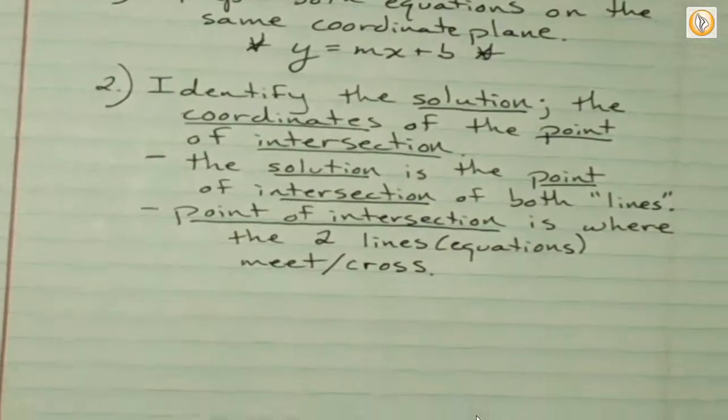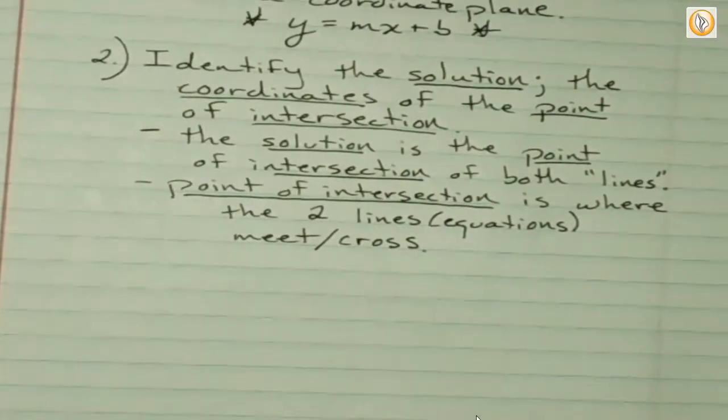I'm giving you time to write this down. You need to make sure you write this down nice and neat. If you need to underline it, star it or something, that's a lot of explanation for number 2, but it's the wording. Identify the solution. It's the ordered pair where the two graphs or the lines cross.